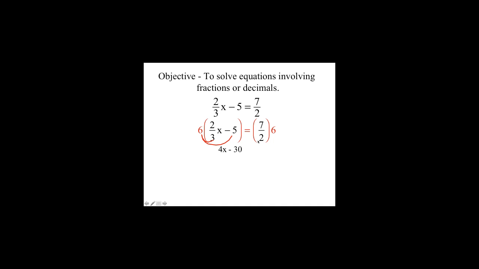Now, remember, 2 goes into 2 once and into 6 3 times. 3 times 7 is 21. And now I've gotten rid of my fractions, and all I have to do is deal with whole numbers. So now we add 30 to both sides. I'm left with 4x equals 51. Divide both sides by 4, and x equals 51/4.